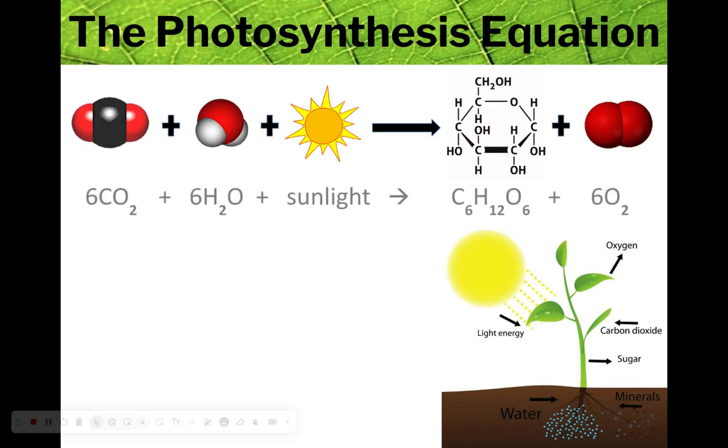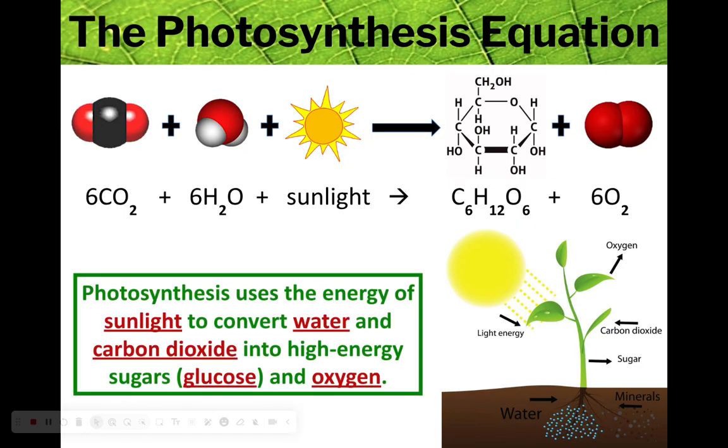Now, the overall photosynthesis equation starts off where we have our six carbon dioxide molecules reacting with our six water molecules, and with the help of that radiant energy from sunlight, will yield our one glucose sugar molecule and six oxygen molecules.